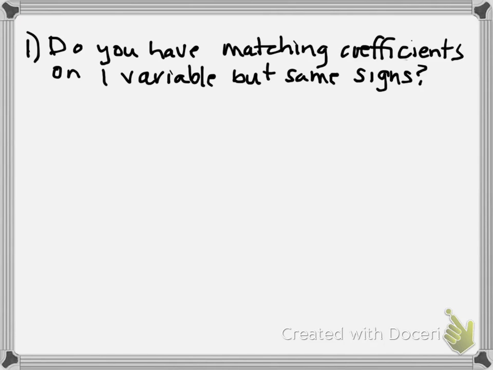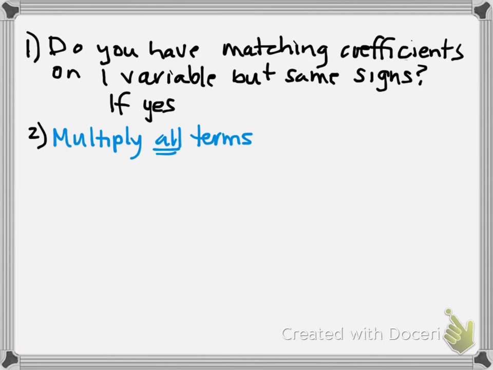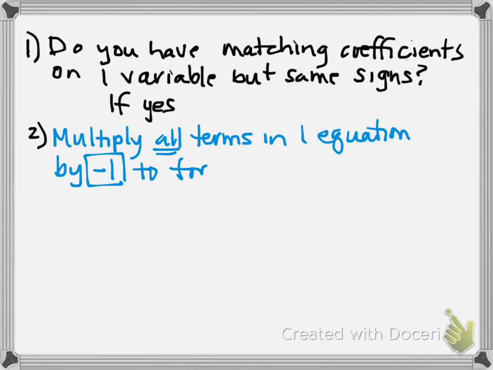We need opposites to add the equations together. So if the answer is yes, you're going to multiply all terms in one equation by negative 1 to force opposites to occur. Okay?